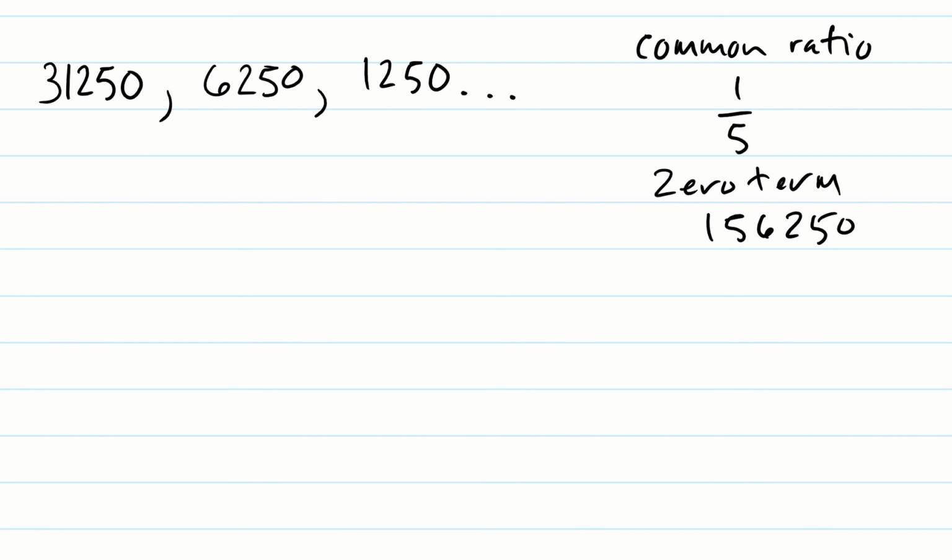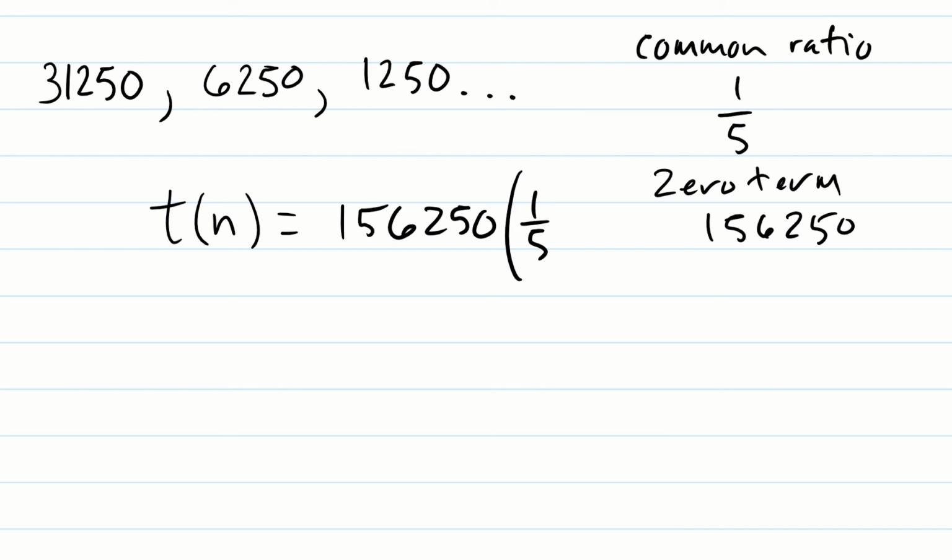So at this point, I can go ahead and write down the explicit rule for this geometric sequence. Any term is going to equal exactly the 0th term, which is 156,250, times the common ratio of 1/5 raised to the power n.